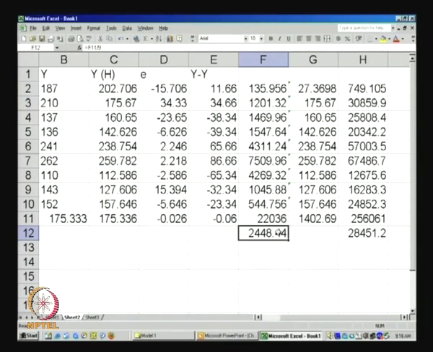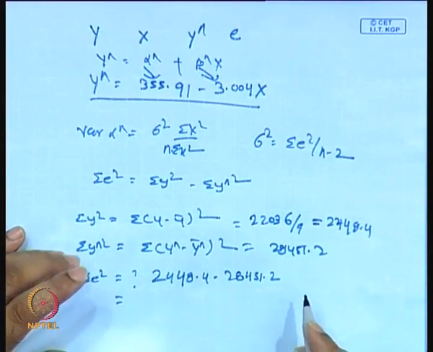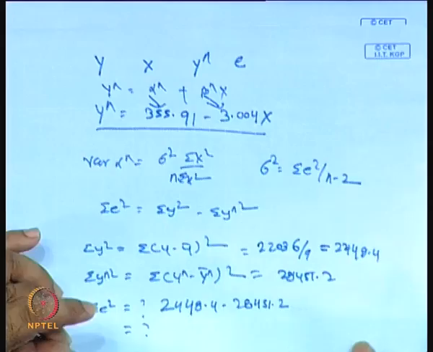This is how you receive the summation e square. It comes to this minus this, which is 26002.8. This is how you have to fill this area here.